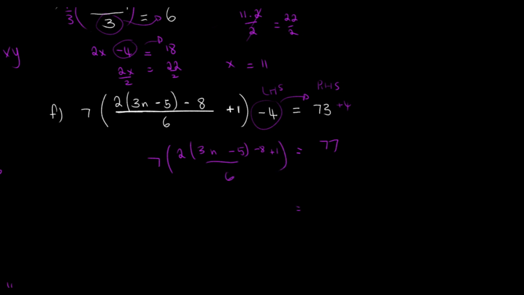What do you think we'll do next? Well, next, we can simply divide both sides by 7. That then gives me 2, 3n minus 5 minus 8 over 6 plus 1 is equal to 11.